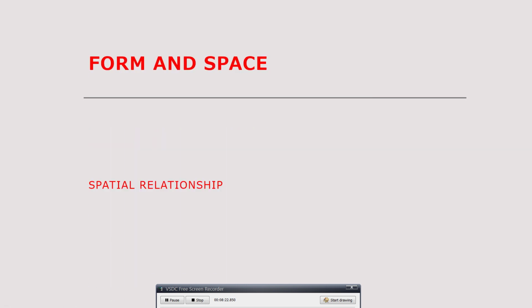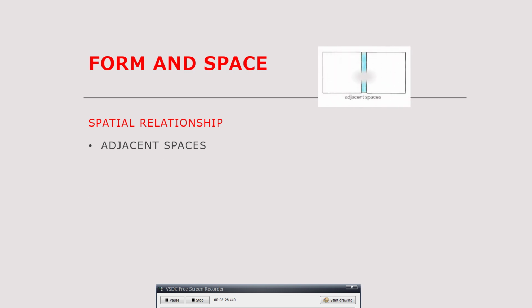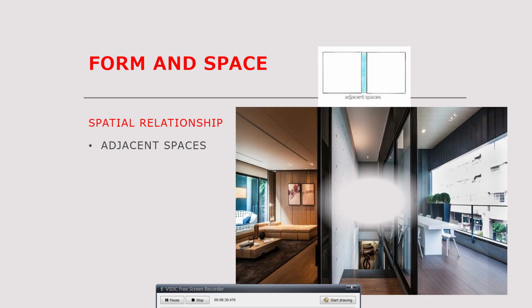Form and space, spatial ulit. The third is the adjacent spaces. This one is a space, and also this one is a space. Like this is the dining area, and then this is the living room. So, ito lang yung nagdudugtong sa kanila, which is the hagdan in the hallway.